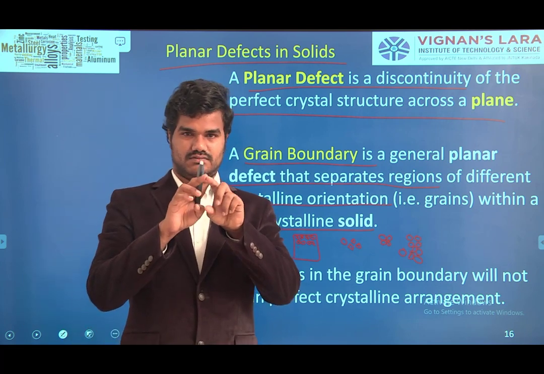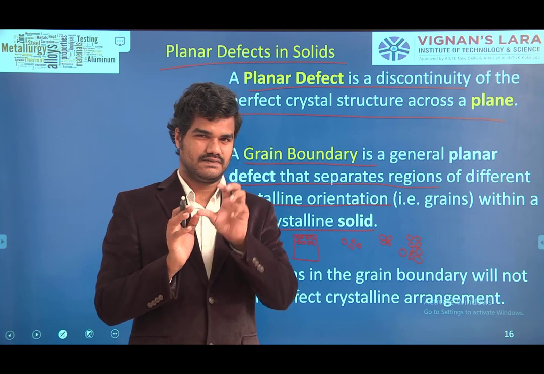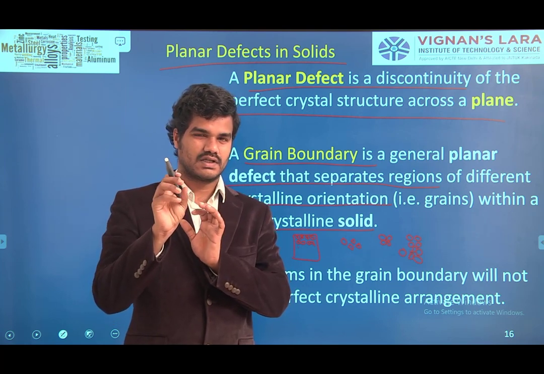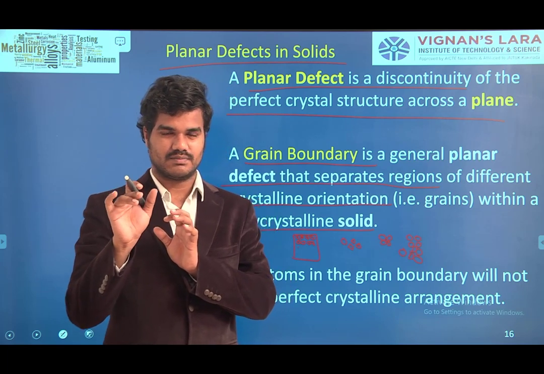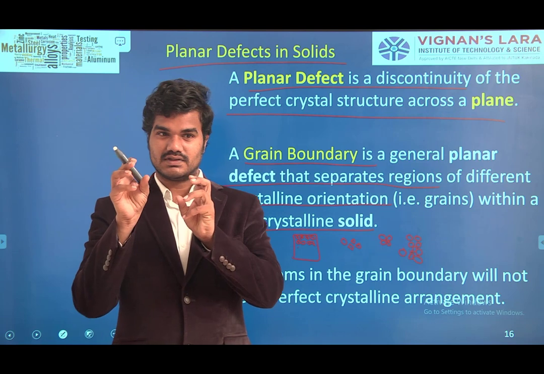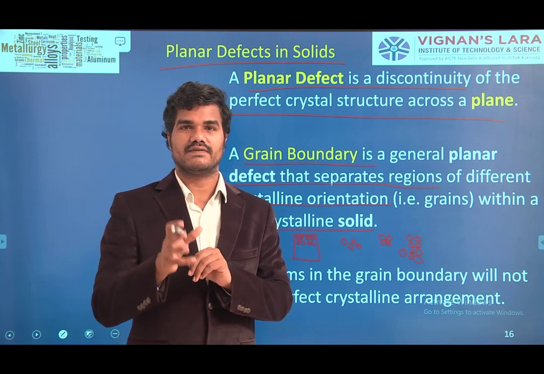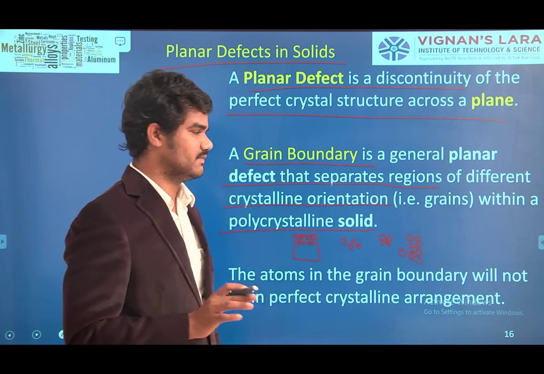If in a plane 10 grains are there, 6 grains are circular, 1 grain is square, another grain is hexagonal, then because of this change in shape of the crystals, defects will be there. Those defects come under planar defects. Clear? Fine.